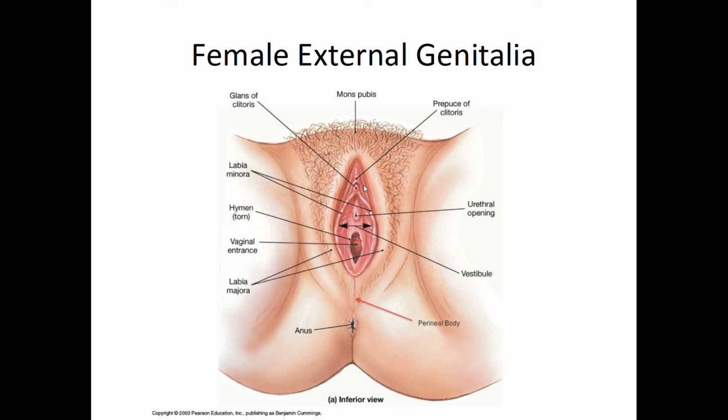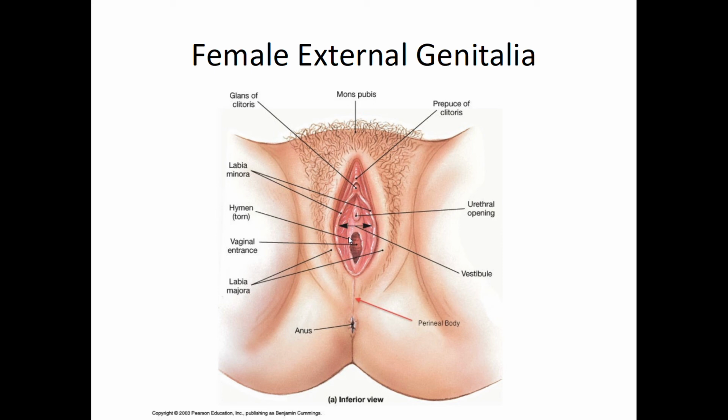Coming in from there, we have the labia minora. And at the tip of the labia minora, we have this glans clitoris. Inside the labia minora, we have the urethral opening, and we have the vaginal entrance. You're seeing here the remnant of the hymen.